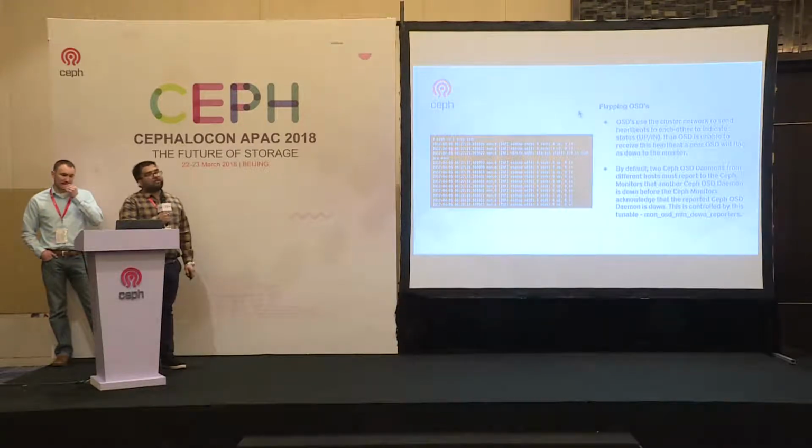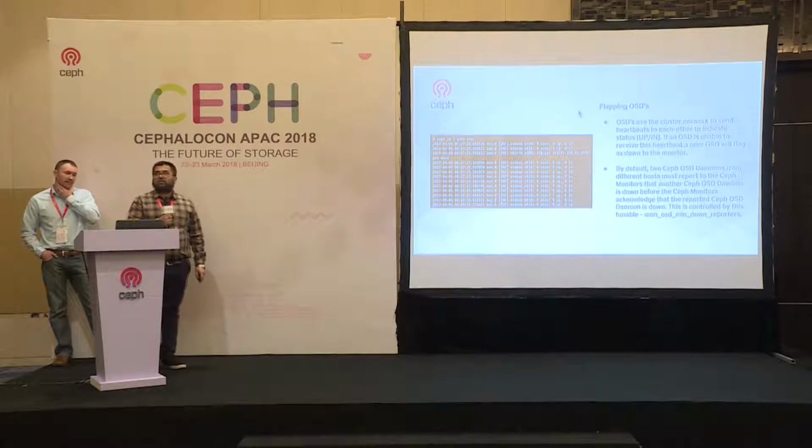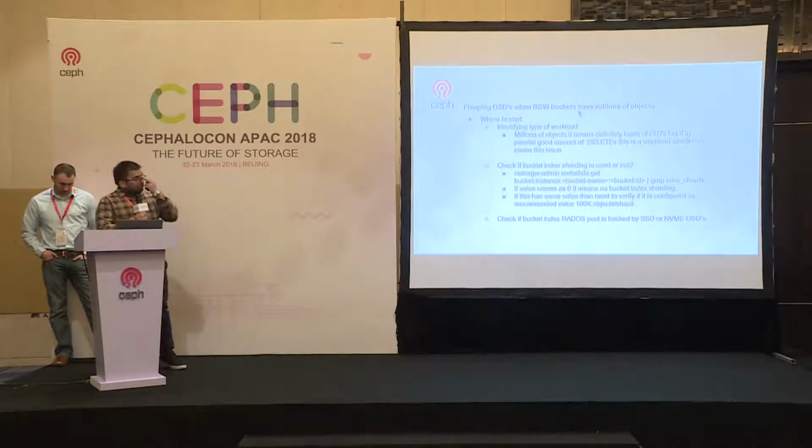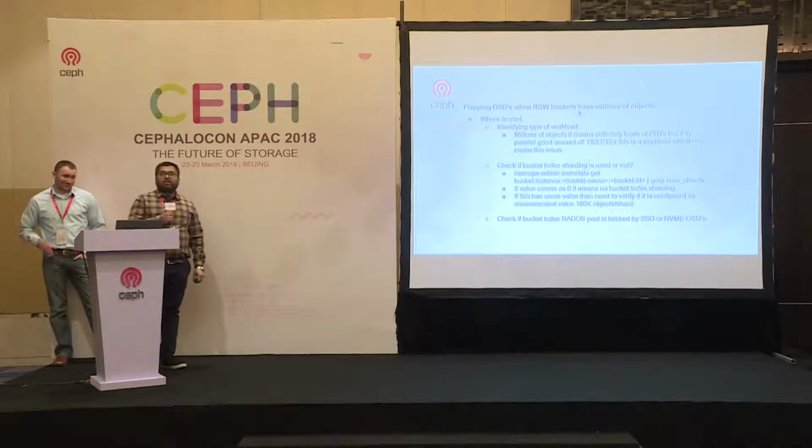Now let's focus on why, in a cluster with a large number of objects for the RGW workload, we see flapping OSDs sometimes. Where to start? Let's identify the workload. If you have a large number of objects, it means you will be having loads of puts because you are writing a lot of data to the cluster.